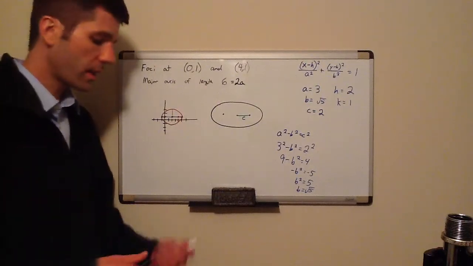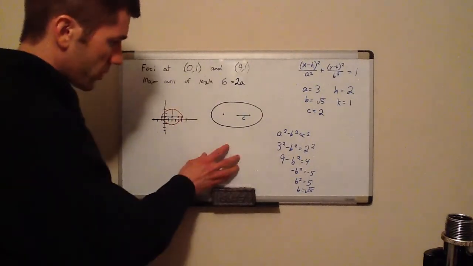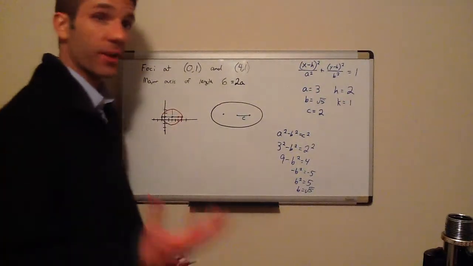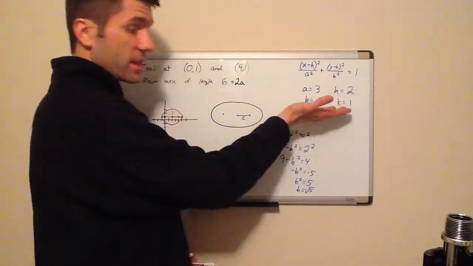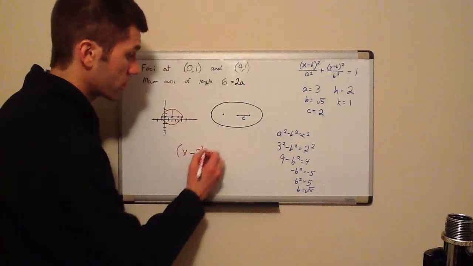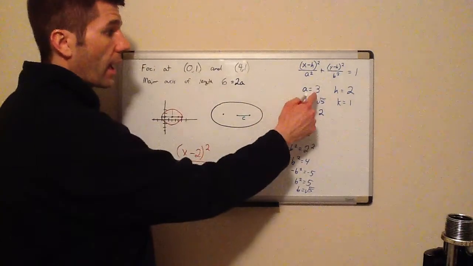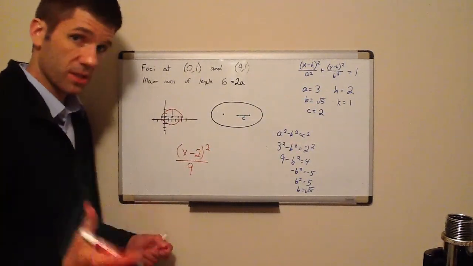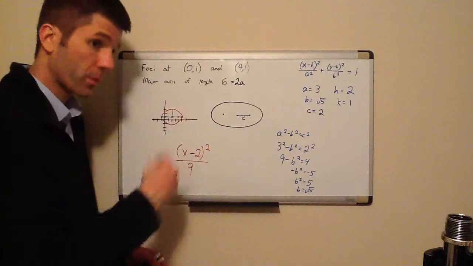Now, we're not quite done. Let's put the final answer. I'm going to squeeze it in this open space down here. The final answer is standard form. This, with these numbers filled in. So it is x minus 2 squared over a squared. So it's 9. Some math books, mathematicians, will put actually 3 squared.